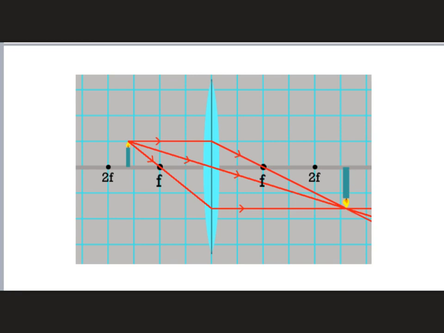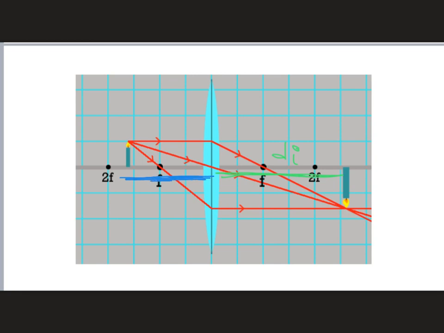And we can actually calculate the distance where the image forms, and it turns out, and this is awesome, the equation for mirrors is the same equation for lenses. And so if we define the image distance and the object distance the same way, the image distance, di, would be the distance from the image to the lens, and the object distance, do, would be the distance from the object to the lens.